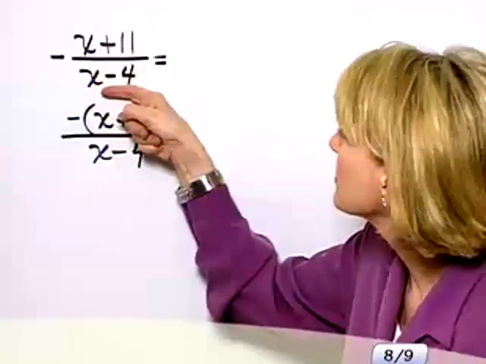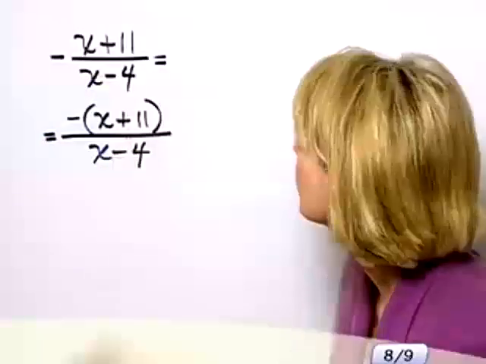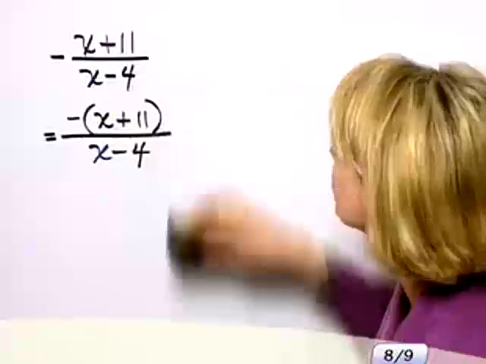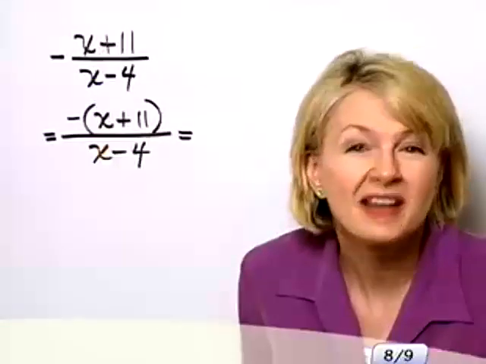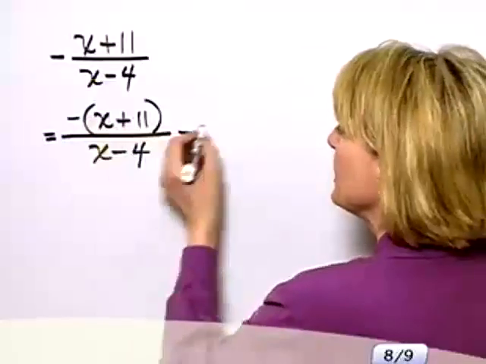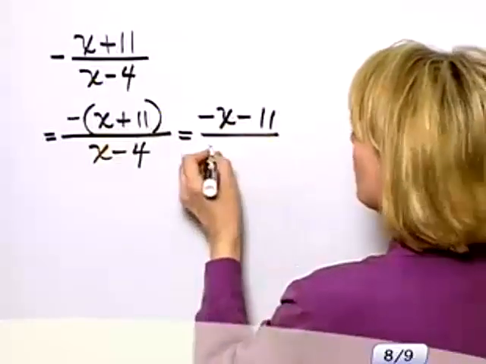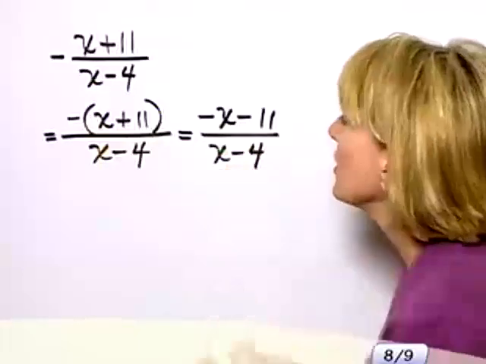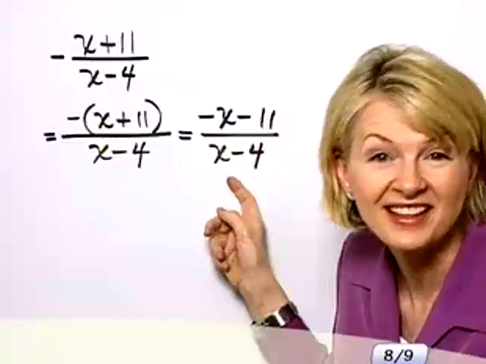So this is equivalent to this, and since it is equivalent to this, I can also go ahead and distribute the negative in the numerator. That would be -x minus 11 over x minus 4. This is equivalent to this, which is also equivalent to this.